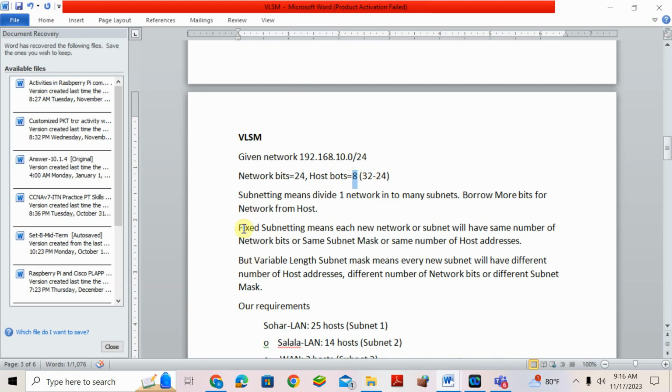Fixed means when you divide a network into smaller networks, all these networks will have the same number of host addresses or the same subnet mask. Variable length subnet mask means every new subnet will have a different number of IP addresses or host addresses and a different subnet mask also.